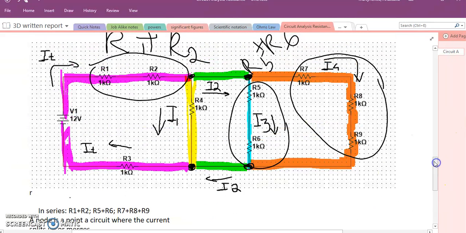Now, this can be a little confusing in a case like this because you have 4 nodes, right? And they don't all start in the same node. But here's the deal. You can merge your nodes if you don't have any circuit elements in between them.